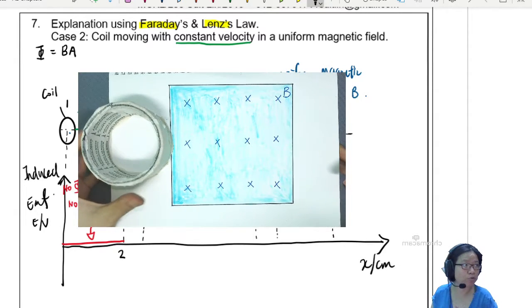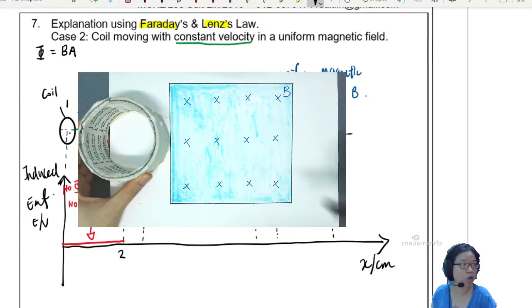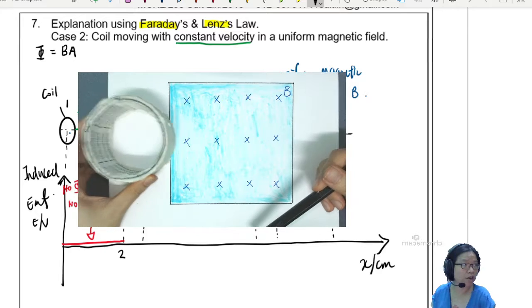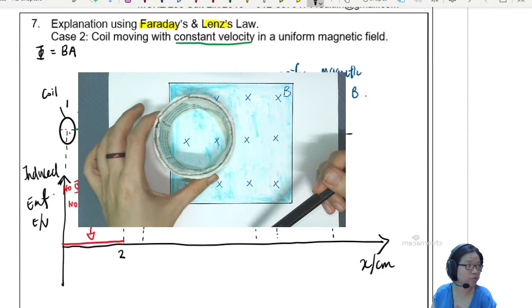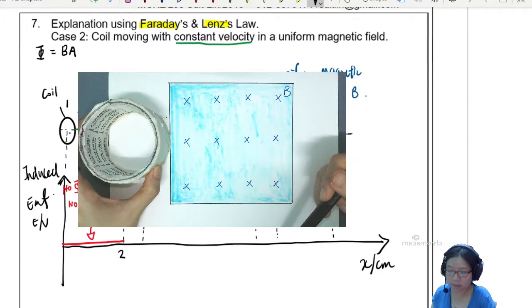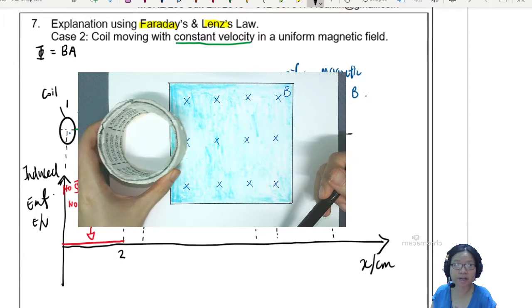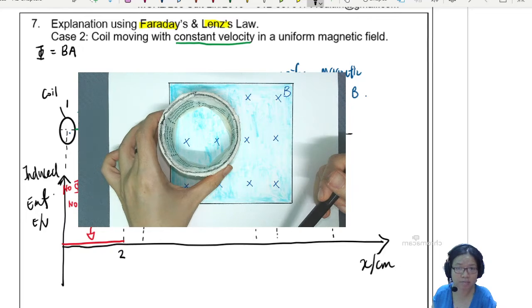When will you have a blue shaded area? When the coil begins to transition in, from no flux to increasing flux, up to maximum flux.